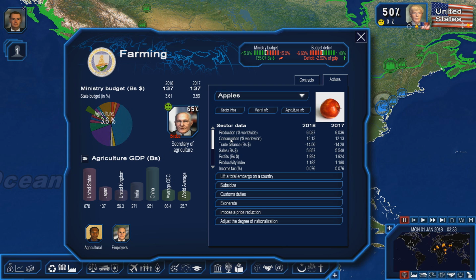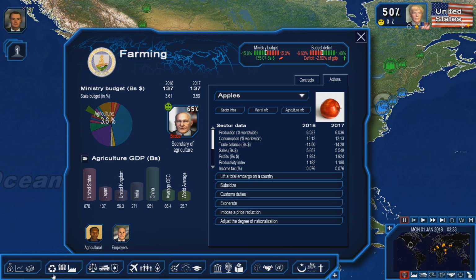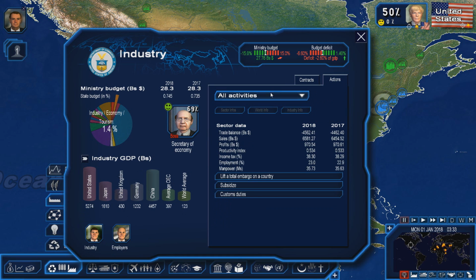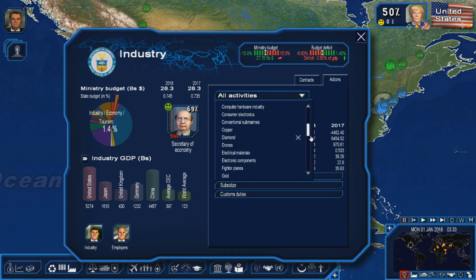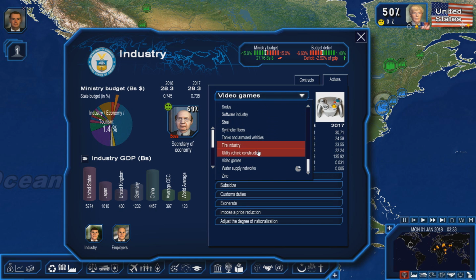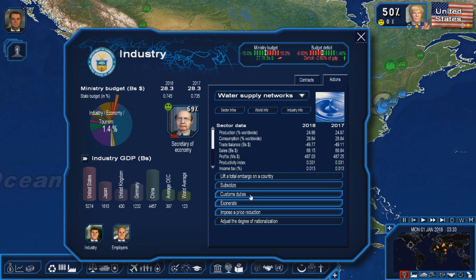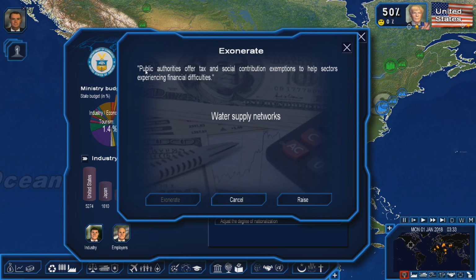It also helps you battle the trade balance, and it increases your production depending on what kind of resources you're trying to produce. I'll go into detail of that in a second. So this is something that you can do to help your agricultural industry. Go over to industry and come all the way down to water supply networks and exonerate that. An exoneration gives you information right here.